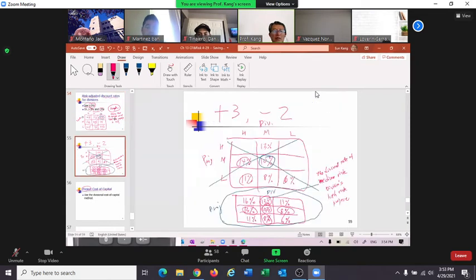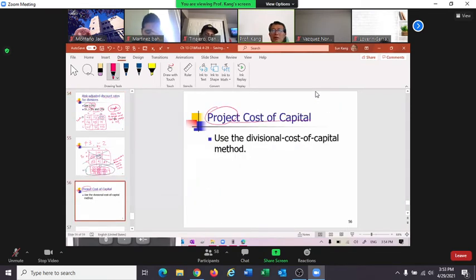And then the project cost of capital method is that you use the divisional cost of capital method. Do you remember divisional cost of capital? That is from the cost of capital chapter, chapter 11, I think. And you studied marginal cost of capital and divisional cost of capital.